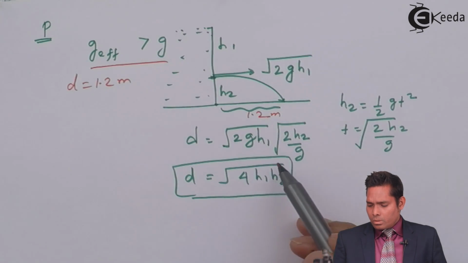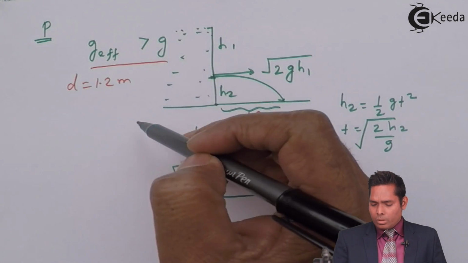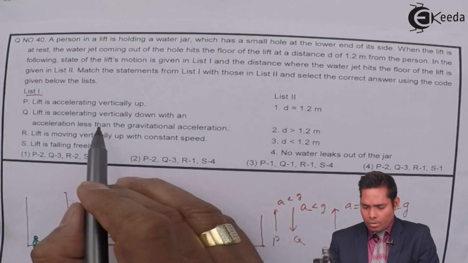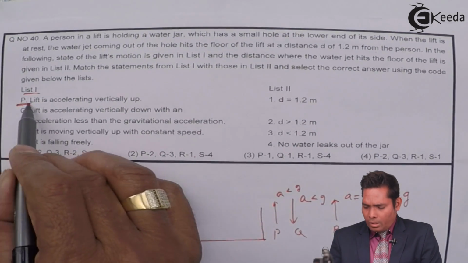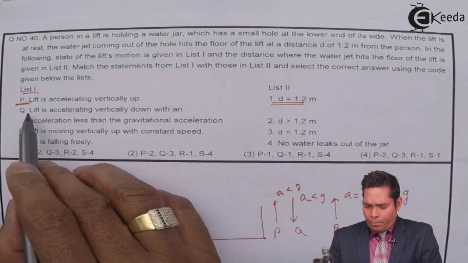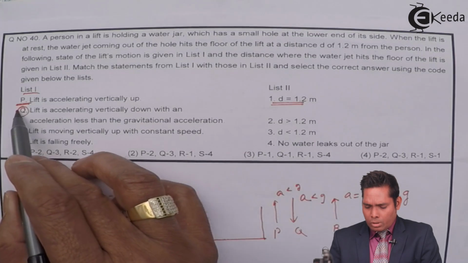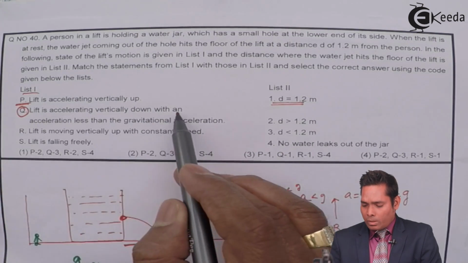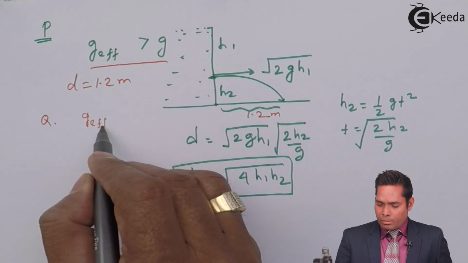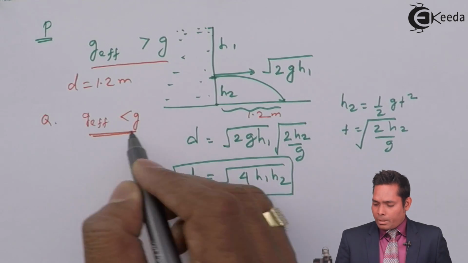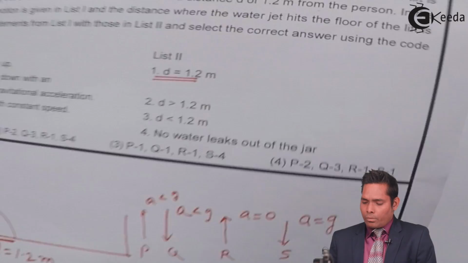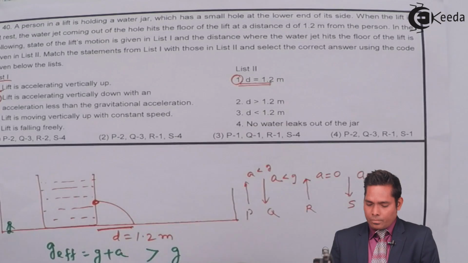Whether it is accelerating up or down, it doesn't matter. In option Q, the lift is accelerating downward, then g effective will be less than g, but again it is independent of g, so d will be 1.2 meter.